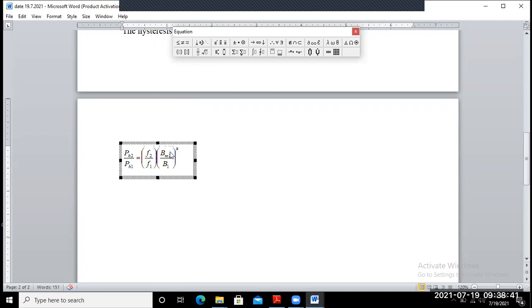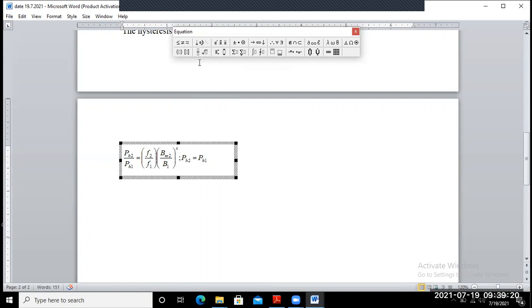You already found that Bm2 equals Bm1, so this is already cancelled out. So we can write here Ph2 equal to Ph1 into F2 by F1. So just put the values of F2 and F1.